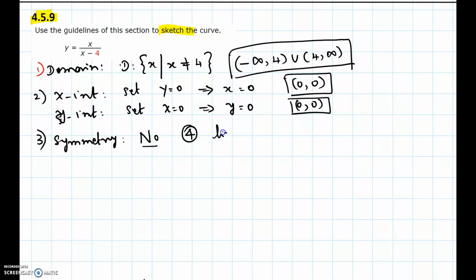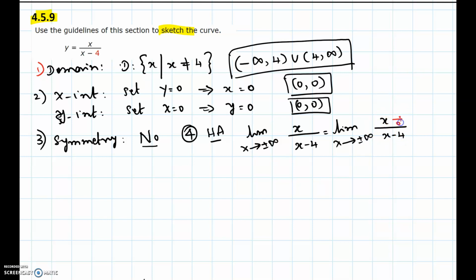The horizontal asymptote is obtained by allowing x to approach infinity or negative infinity. So it's x over x minus 4. Dividing the numerator and the denominator by the highest exponent of the denominator, I'm going to divide this by x, and the denominator also by x.